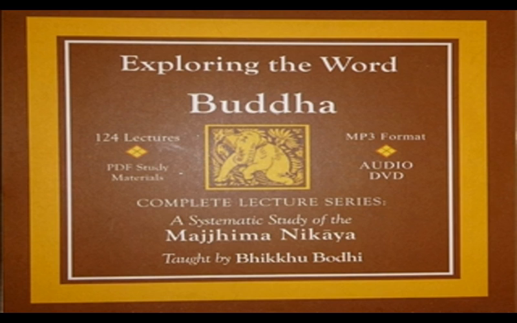Then certain mental functions, certain cetasikas, are exclusively unwholesome. The three basic ones are greed, aversion, ignorance. Then there are many others: conceit, envy, laziness, restlessness, doubt, avarice, and so on and so forth.